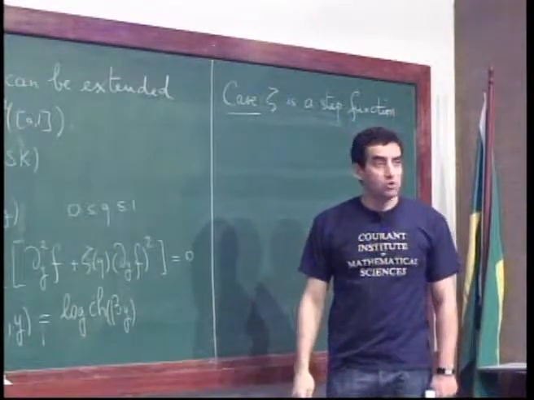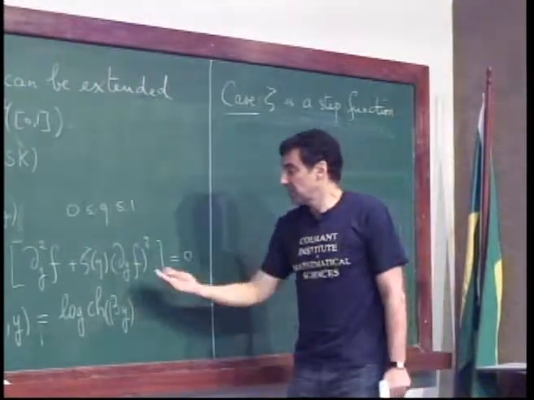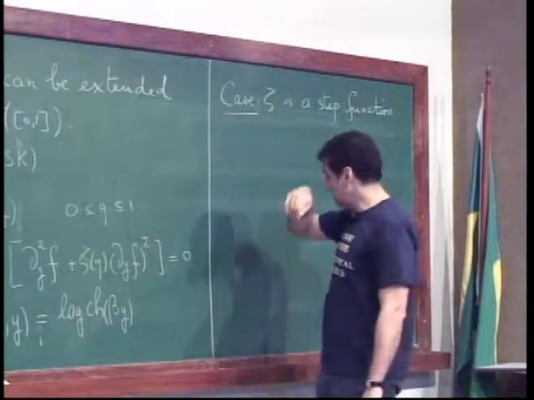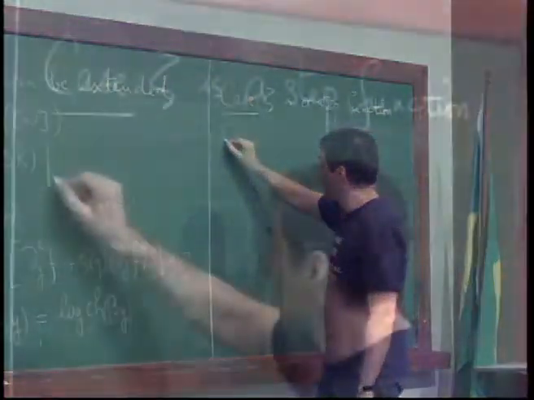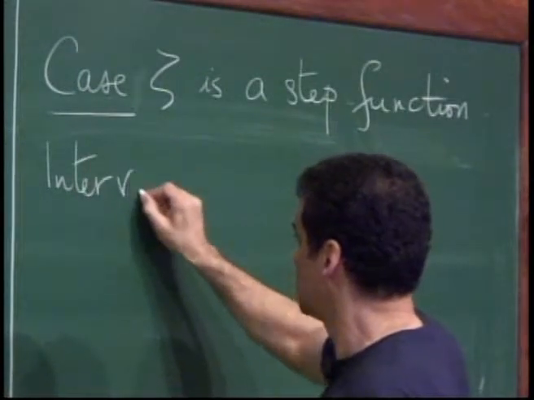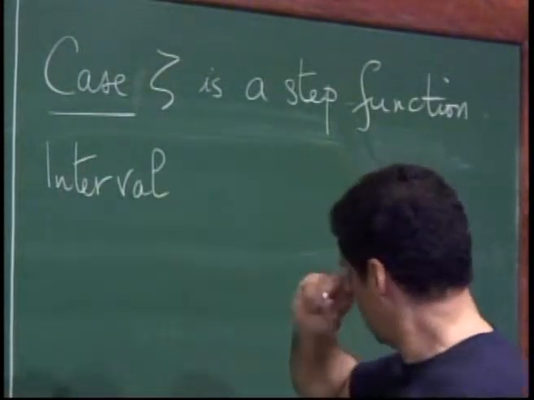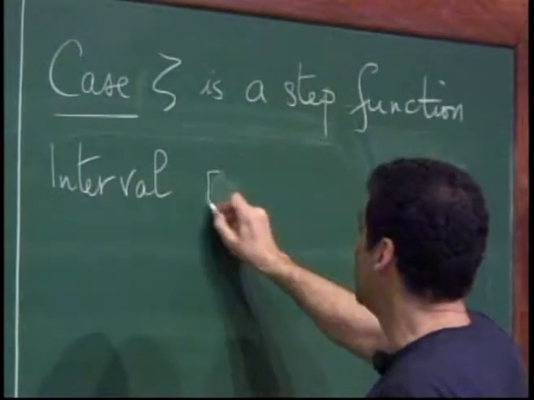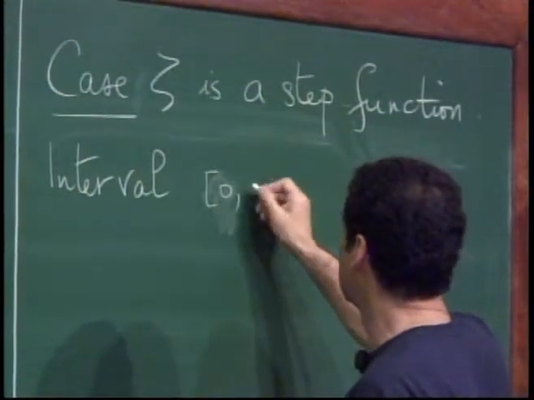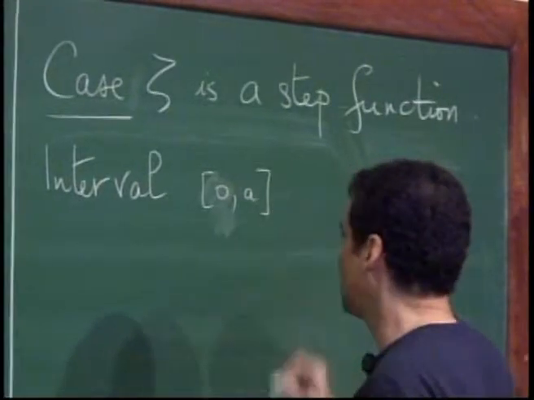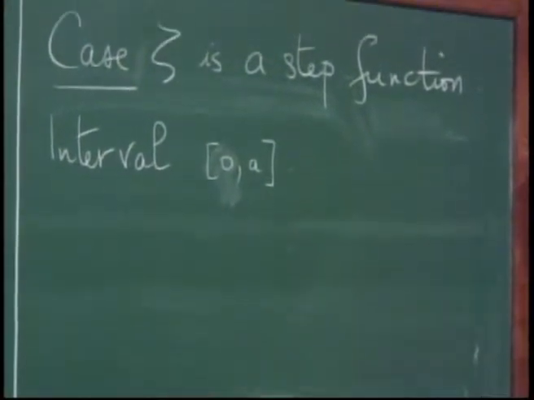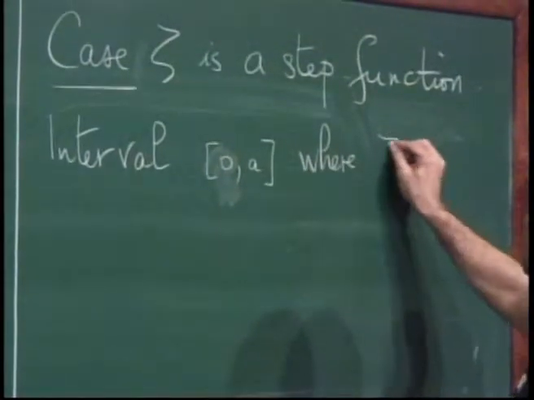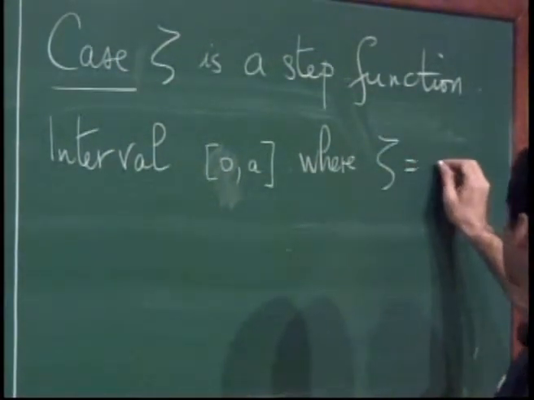Right? So why? Let's solve, but of course you have to start from the end. So let's look at zeta, let's look at an interval, say from 0 to A, where zeta is constant, equals a constant, say, little m.